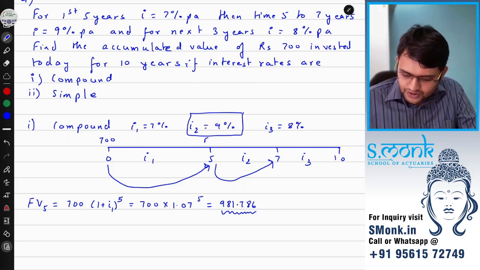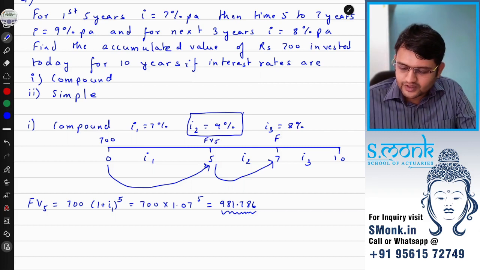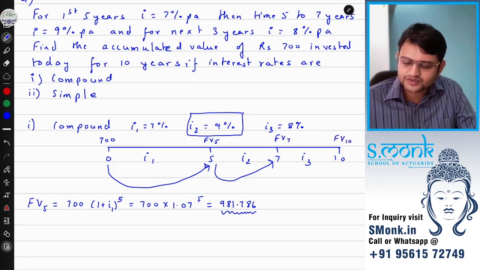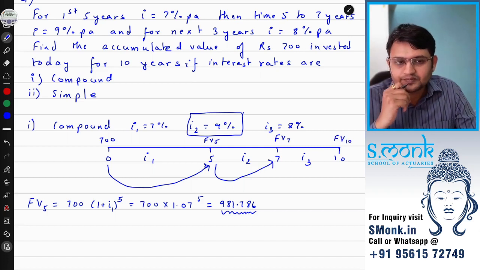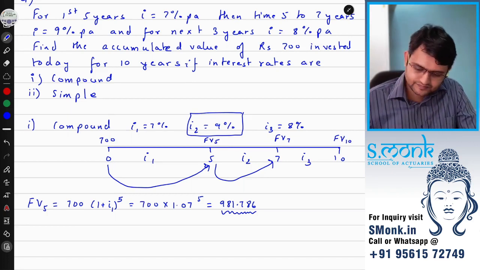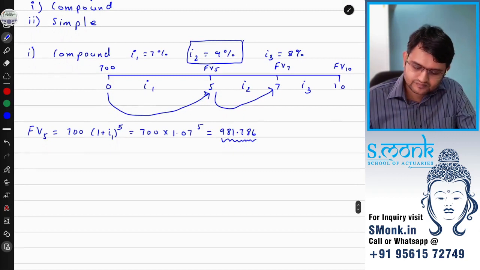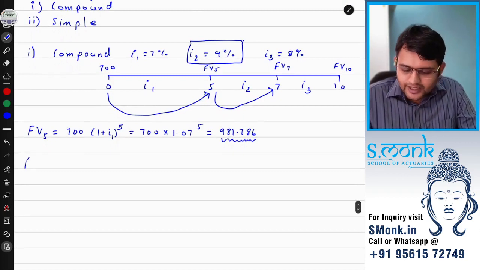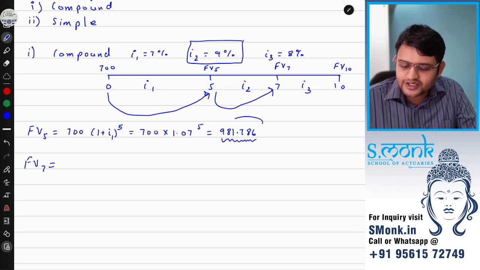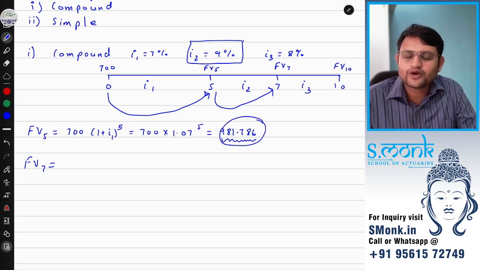So this is the future value at time 5, this is the future value at time 7, and this is the future value at time 10. This is what we are trying to calculate. So then I can say the future value at time 7. For this, now the present value is going to be 981.786.